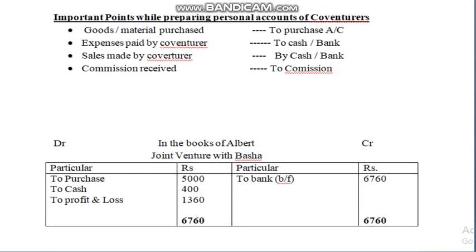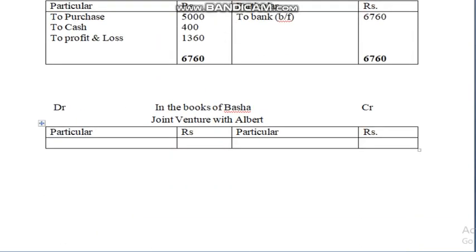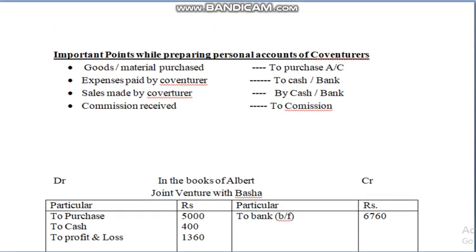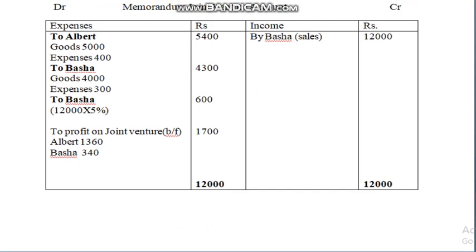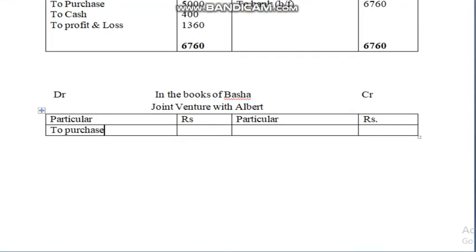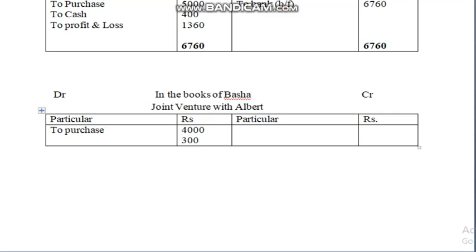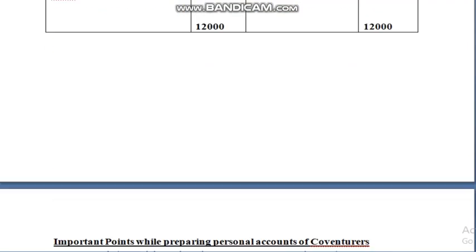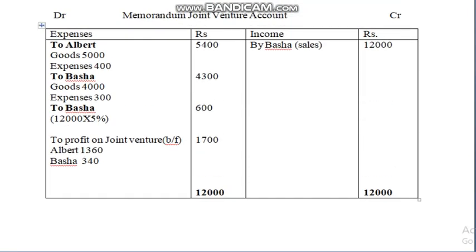Goods purchased should be debited with purchase. So to purchase, 4000, and expenses 300, credited with cash or bank account. So this transaction is over.